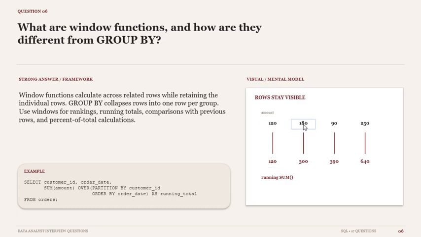I will get 120. Then if it is 180, I will get 300. So I will get a running total for the different customer IDs. So I will get customer ID, order date, and the sum of amount over partition by customer ID.